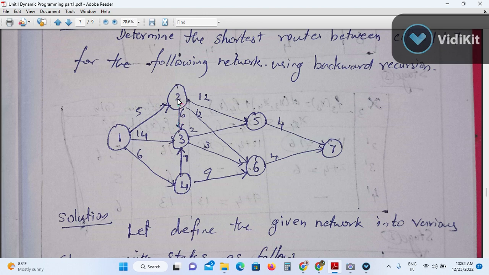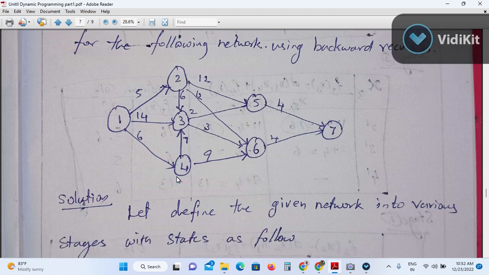That is, I consider the duplication of 2 as 2 prime, 3 as 3 prime, and 4 as 4 prime. Only in this case, because there is a traveling path in between, right? Not here, right? Therefore, I just make the duplication. Later I can settle it. So in that way, I have to split the stages.